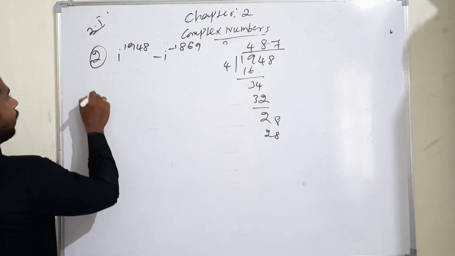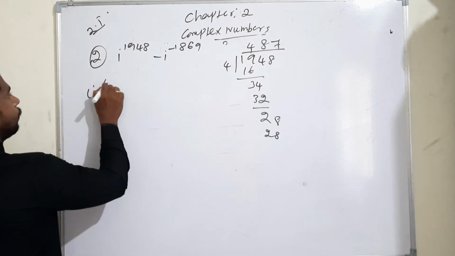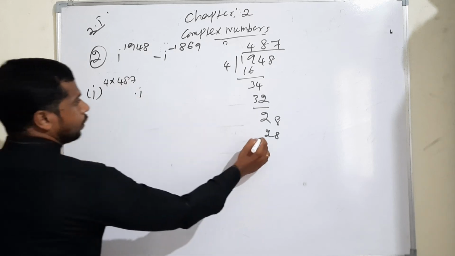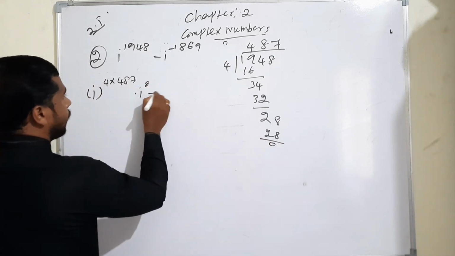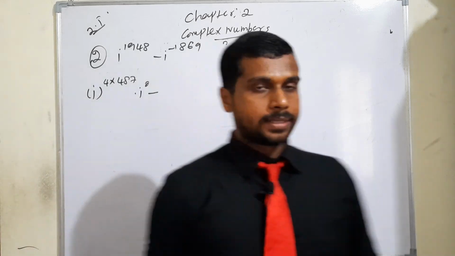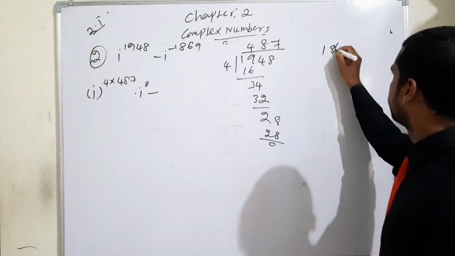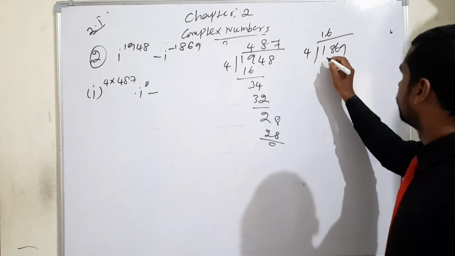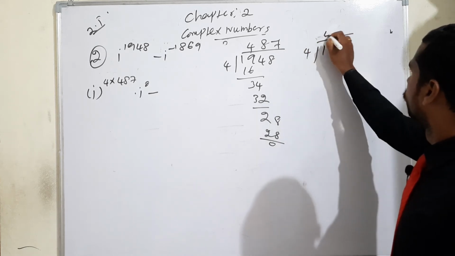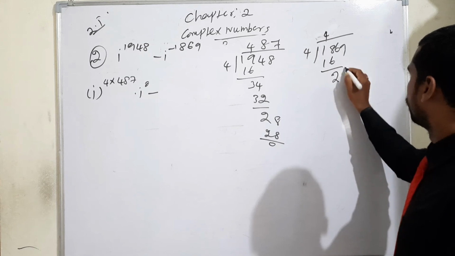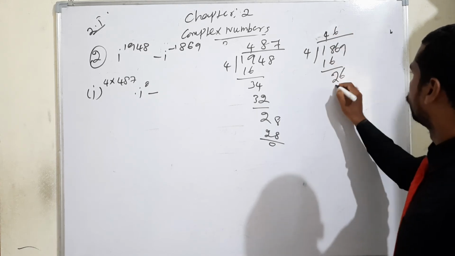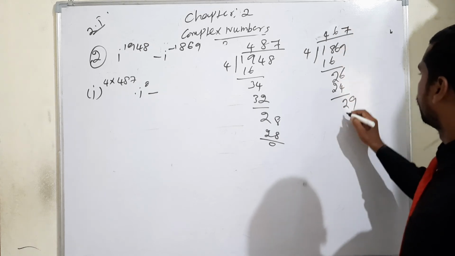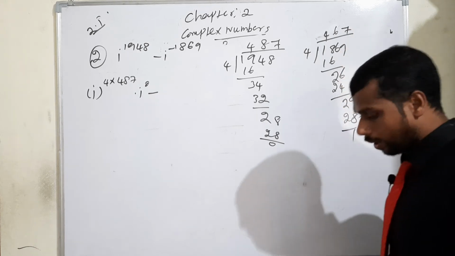So i to the power 4 into 487 into balance will be 0, no? So we can write i to the power 0. Next condition, 1869, isn't it? So 1869, what will happen? 4 4s are 16, true will come. 6, again 6 4s are 24, true is there. 9, 7 4s are 28, balance 1.